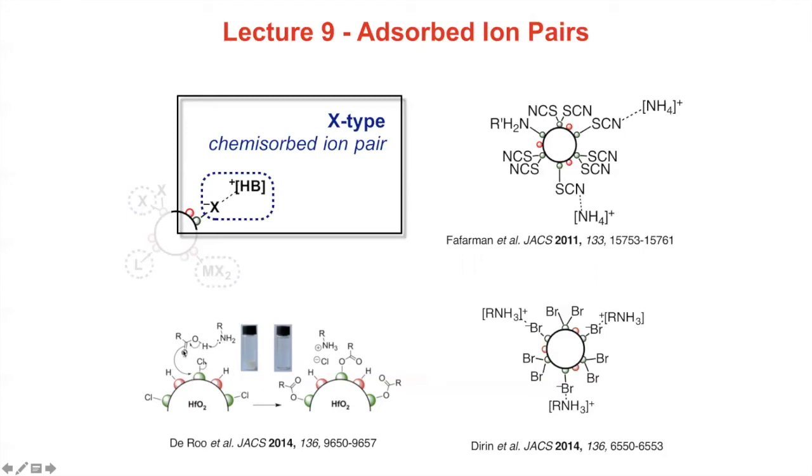So you deprotonate a carboxylate and the carboxylate binds. You could deprotonate this hydrogen, for example, and obtain an ammonium chloride adsorption. So adsorption of ion pairs is a common motif in surface chemistry, and it's often quite difficult to identify in the materials you're working with.